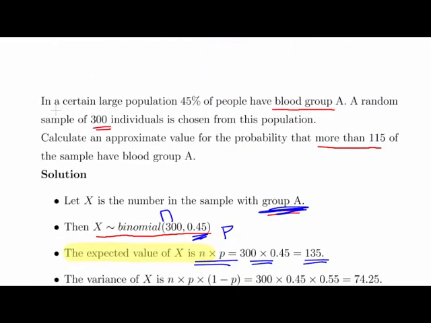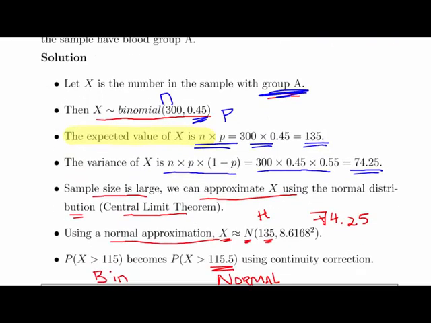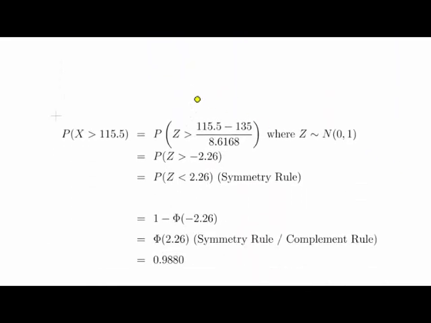Just highlight one thing here: the question explicitly states more than 115. So this should be a fairly straightforward normal distribution question from now on. This is what we're asked to find, and this is the z-score formula.